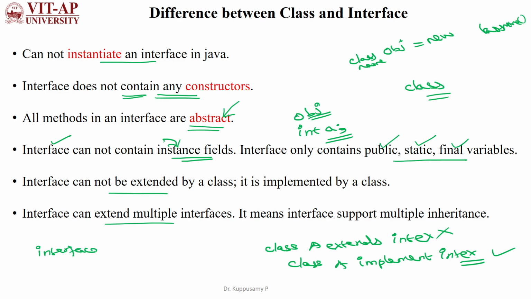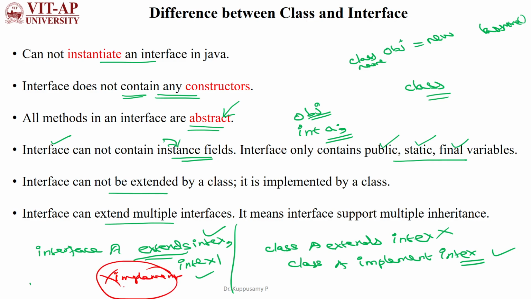Interface a can extend the interface intex. So here an interface can extend multiple interfaces, another interface also, intex1. So this is intex, this is intex1. But an interface cannot implement another interface, which is not allowed, right?